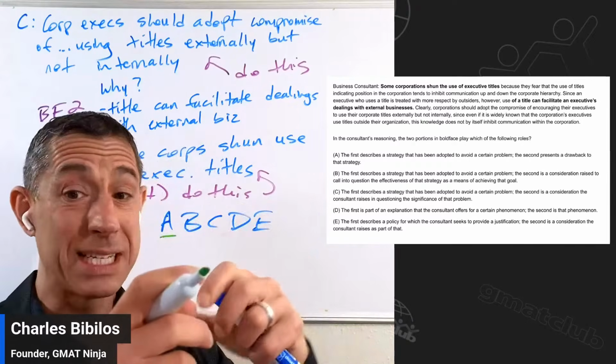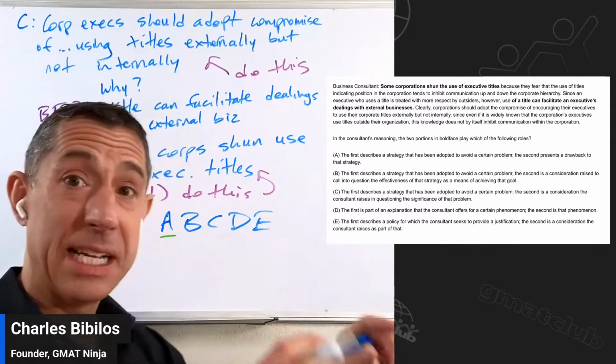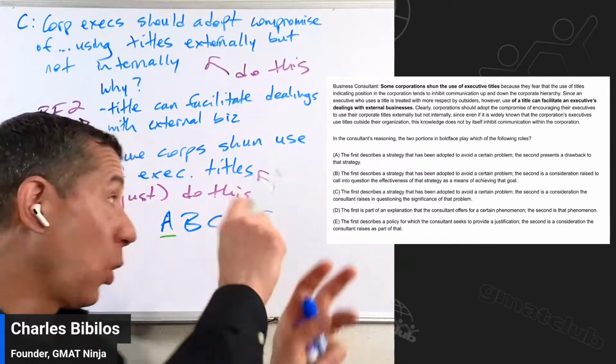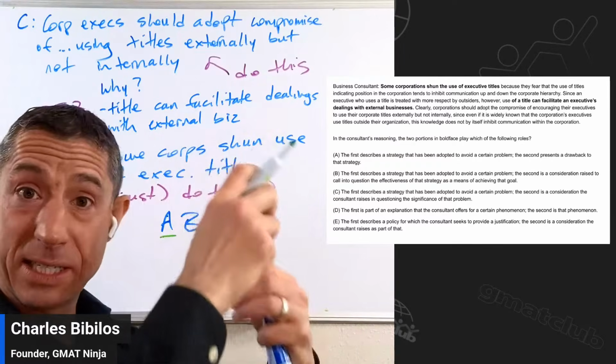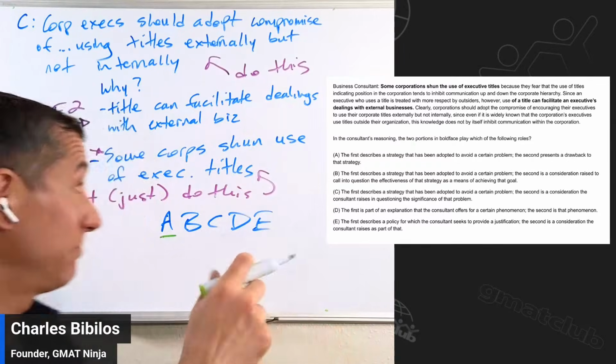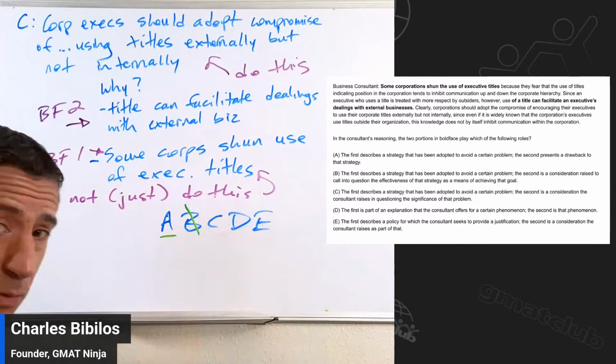So the second one does not call into question the effectiveness of the strategy as a means of achieving that goal. It's a separate drawback, right? The goal of that statement in boldface 1 is to deal with the problem of internal communication. That second boldface has nothing to do with it. It's just talking about external communication. That's why we can get rid of B.